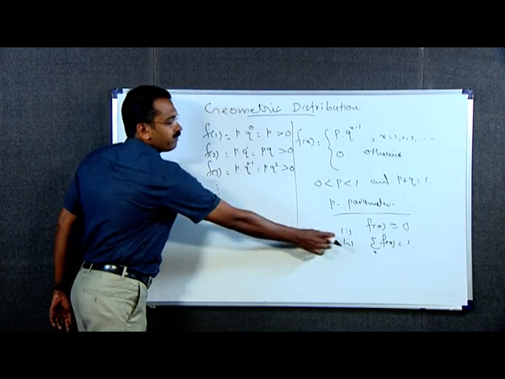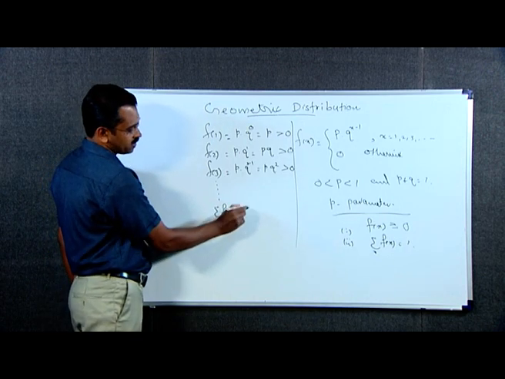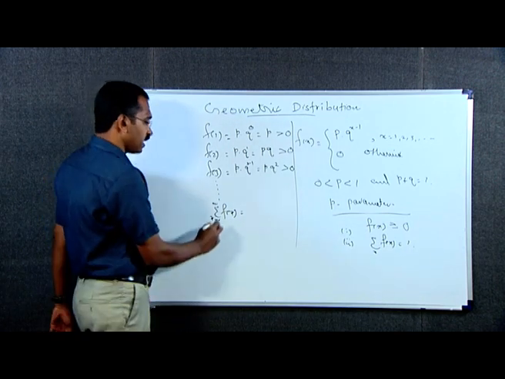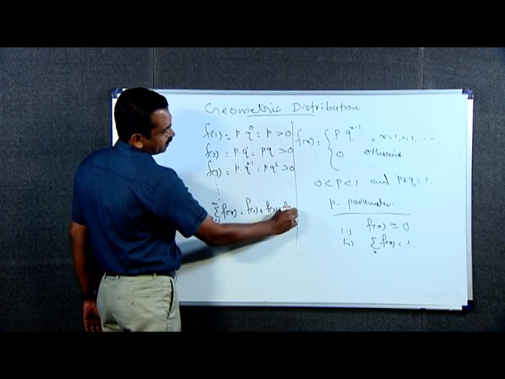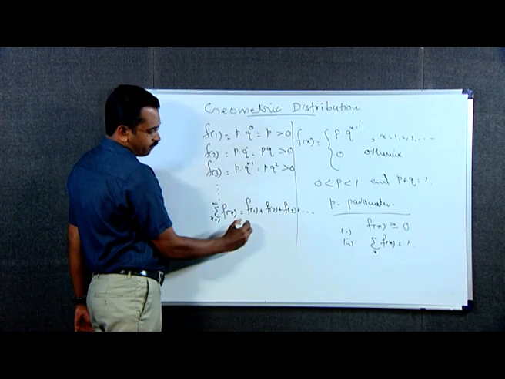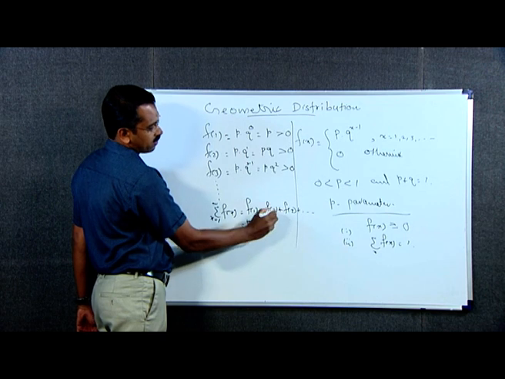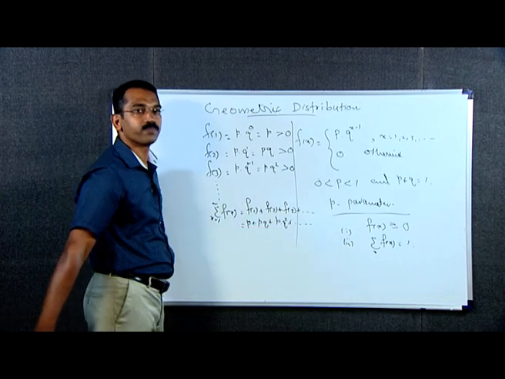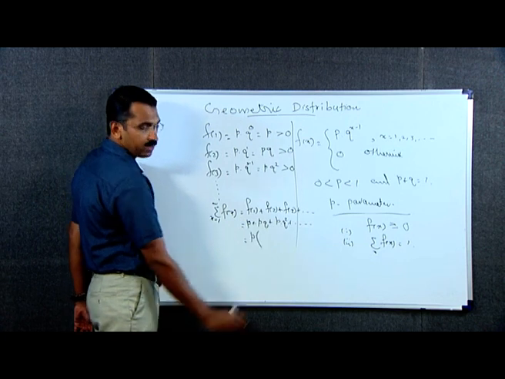Now we have to add all these probabilities. We get summation of f of x, where x is from 1 to infinity, equal to f of 1 plus f of 2 plus f of 3 plus etc. That is equal to f of 1, which is p, plus f of 2, which is p into q, plus f of 3, which is p into q square, plus etc. Here p is common, so we can take p outside.